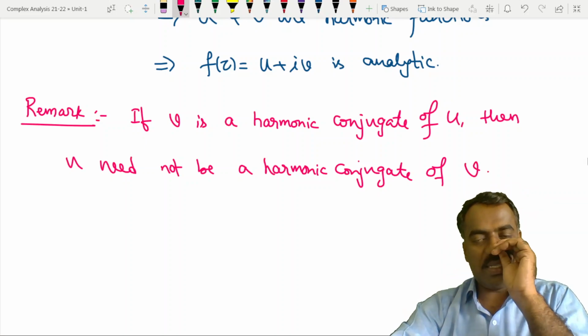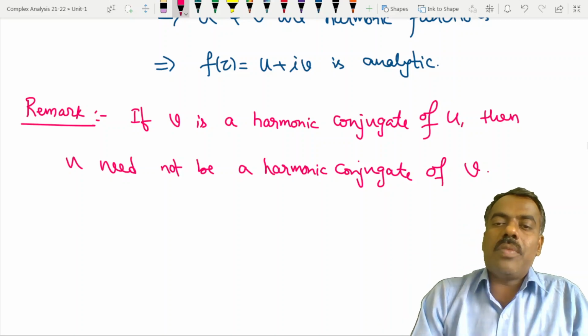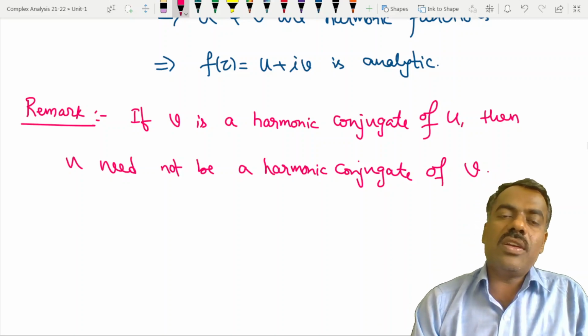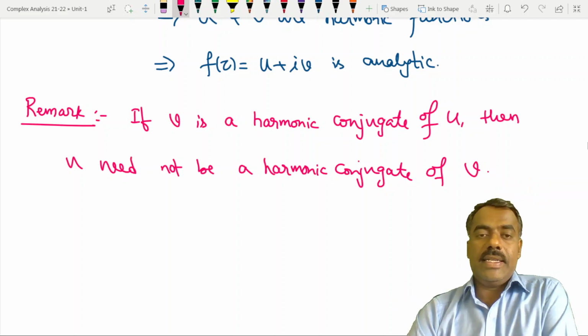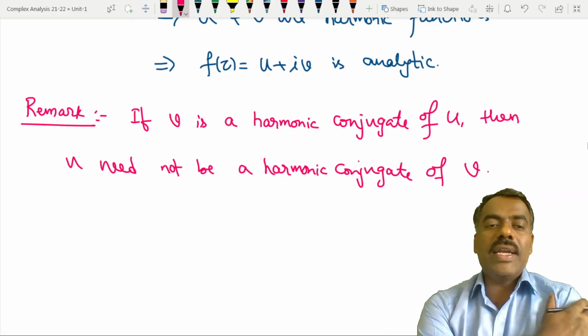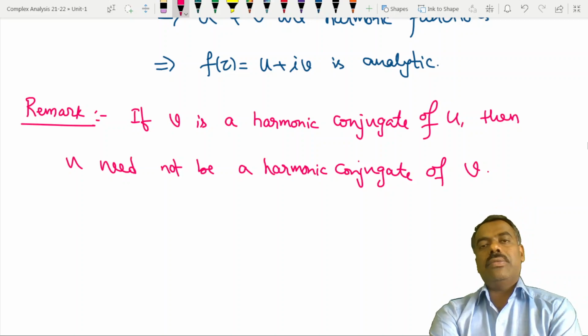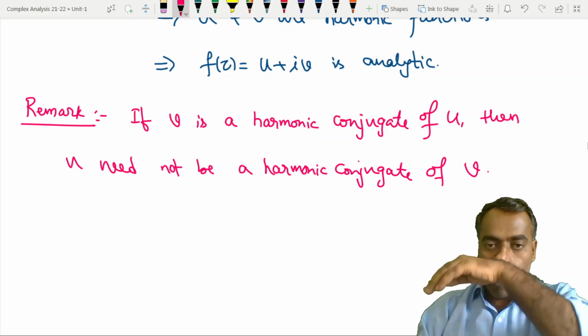What we are saying is, if V is a harmonic conjugate of U, it is not always true that U is a harmonic conjugate of V, right?